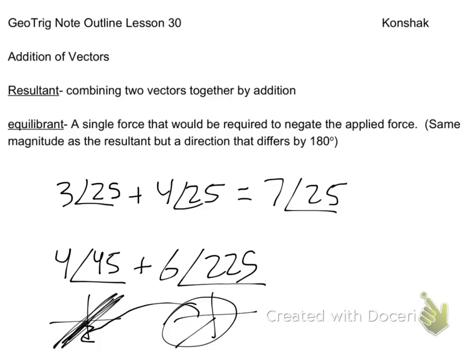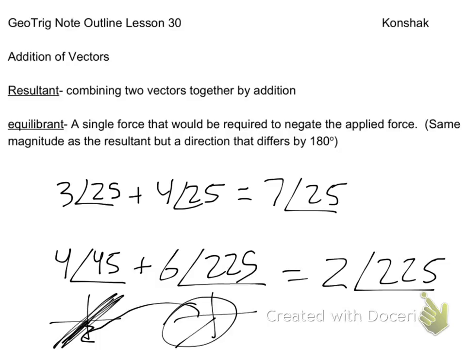The one with the stronger force will win, right? So which one has the stronger force? 6. The 6. By how much? By 2. Right? 4 or 6. So the 6 has a bigger force. So therefore, the overall would be 2 in which direction? 225.